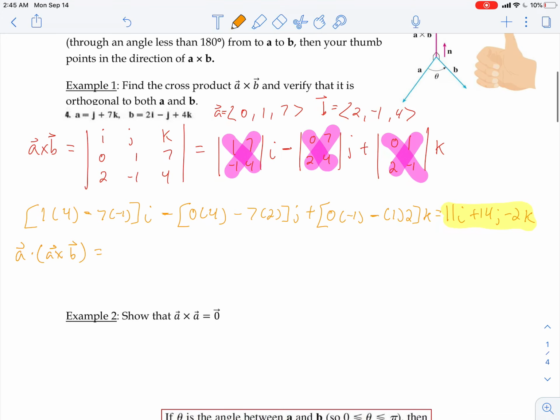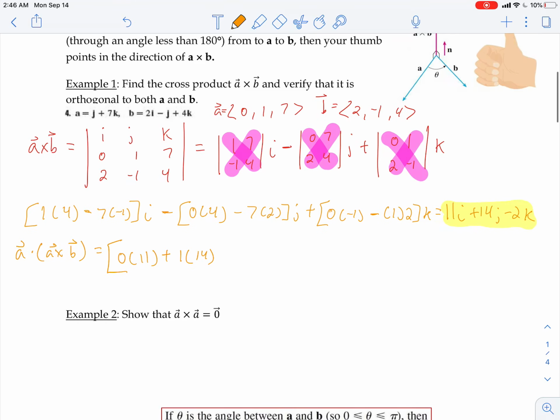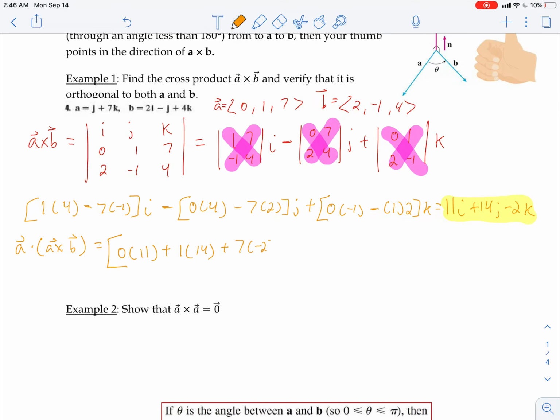And so we're going to get 0 times 11 plus 1 times 14, and then plus 7 times negative 2.